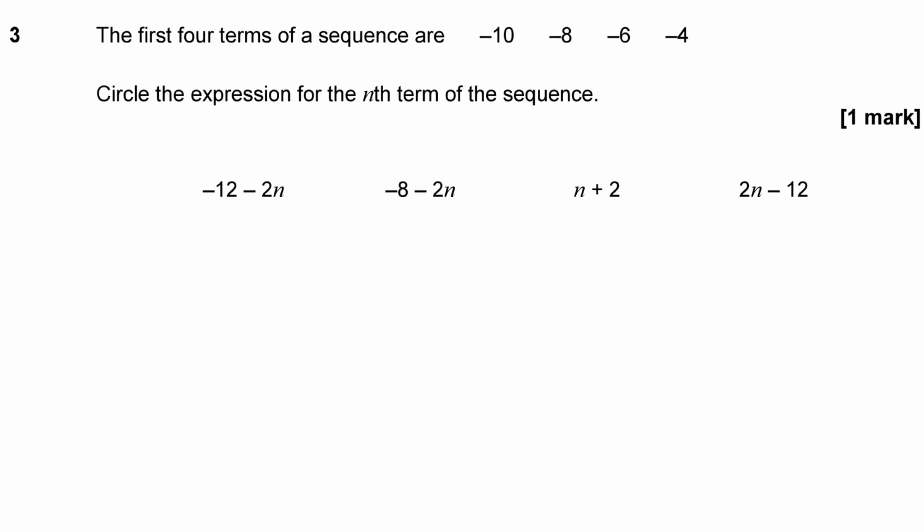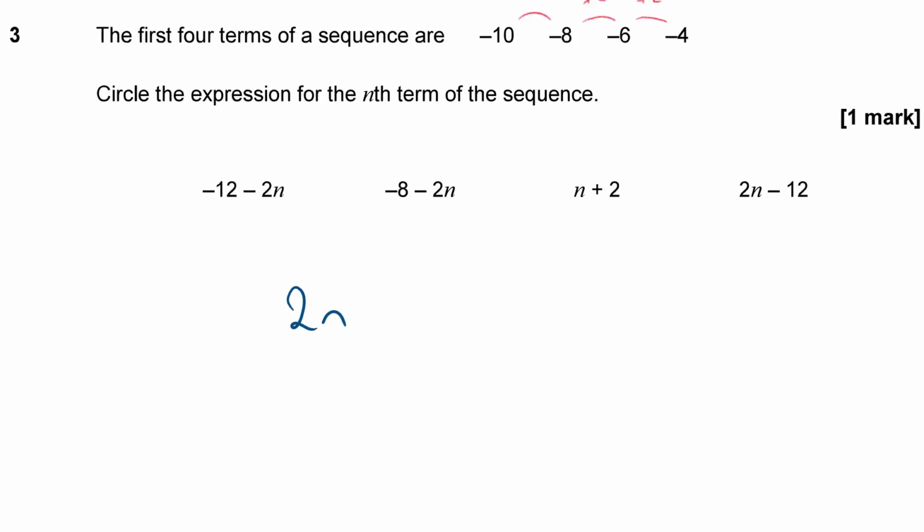Question 3. The first 4 terms of a sequence are -10, -8, -6, -4. Circle the expression for the nth term of this sequence. Okay, now I can see straight away that this is a linear sequence, because if we have a look at the gap between these numbers, you can see that it's increasing by 2 each time. So this sequence has something to do with the sequence 2n.